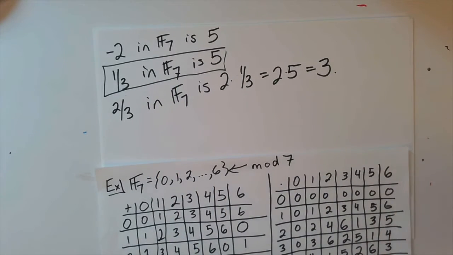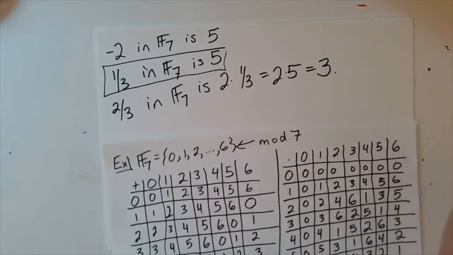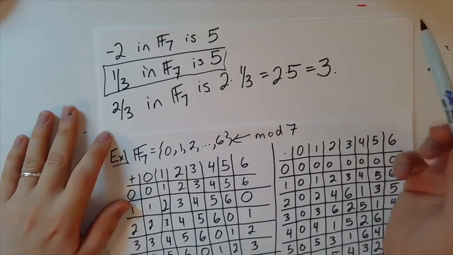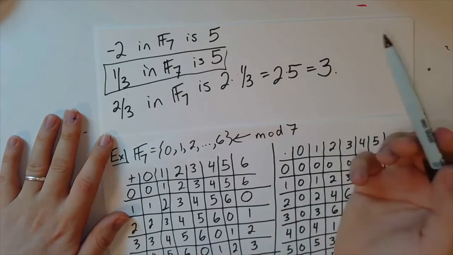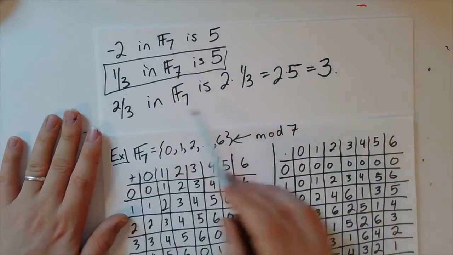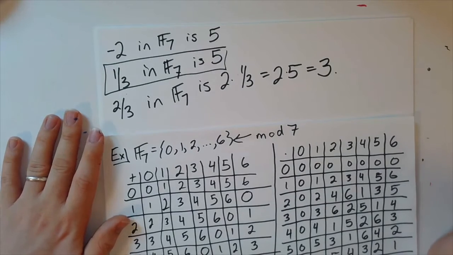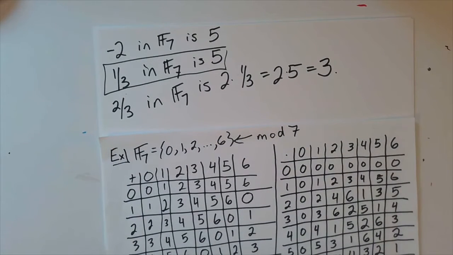And so basically, the point of all of this is that all the sorts of things you could write down with real numbers, addition, subtraction, division, you can write down in F7. But F7 has the humongous advantage over the real numbers that it is much simpler, because instead of having uncountably many elements, it has 7 elements.